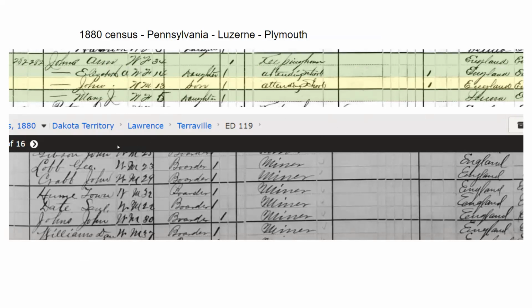And when in 1880 we go look at Terraville in the Dakota Territory, down at the bottom here, we have John Johns, age 30, who's married and is a miner and born in England. Okay, so what we're looking at here is tracking family, okay?